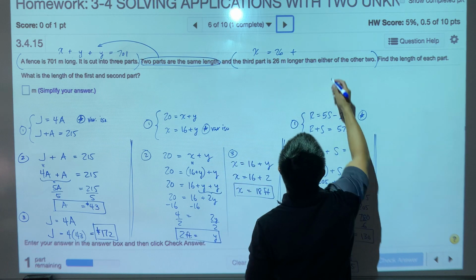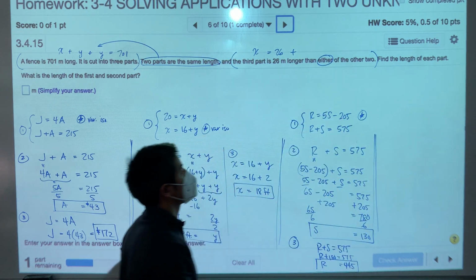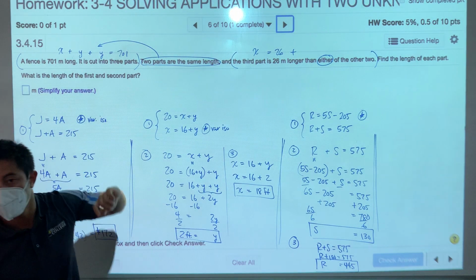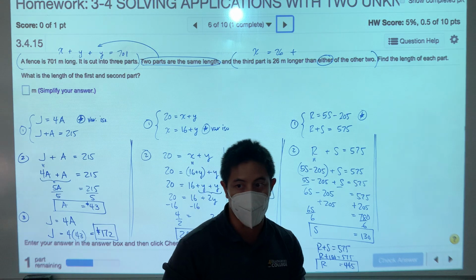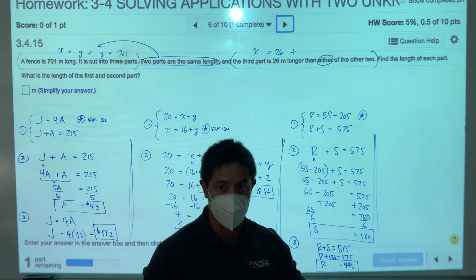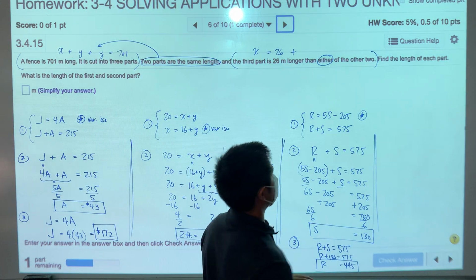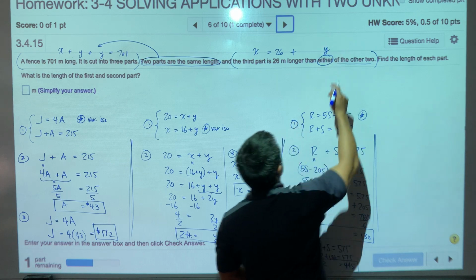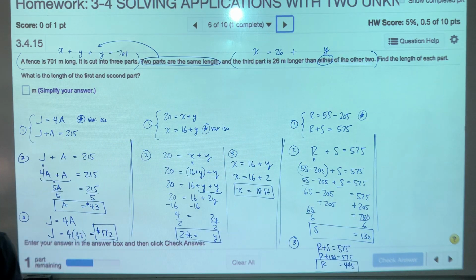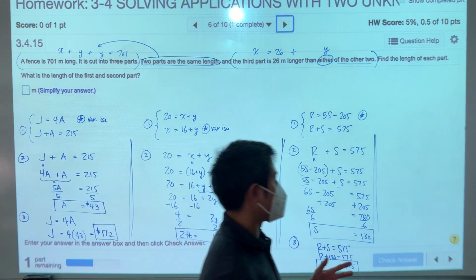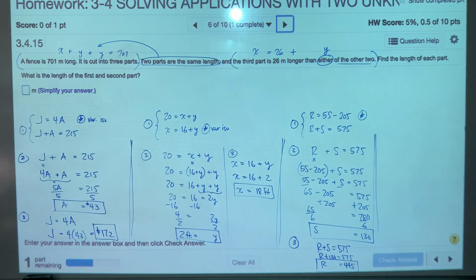Then "either of the other 2" is actually an important phrase here, meaning you just call it a Y. They're not saying both of the other parts combined, right? If they said both of the other parts, it'd be a Y and a Y, or 2Y. But since they said either of the other 2, all you have to do is pick one of them, which is Y. This is actually very tricky when it comes to language, so you have to pay very close attention to that. Any questions about what I just did?